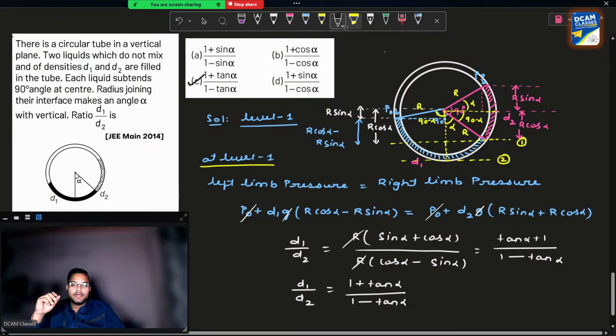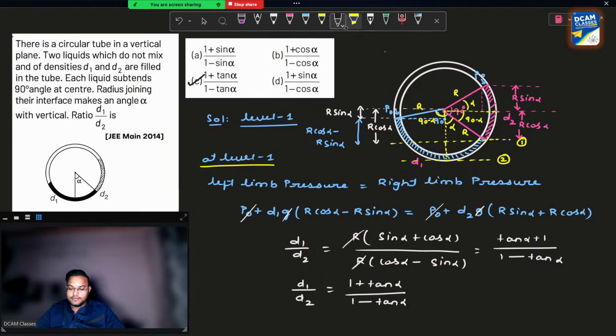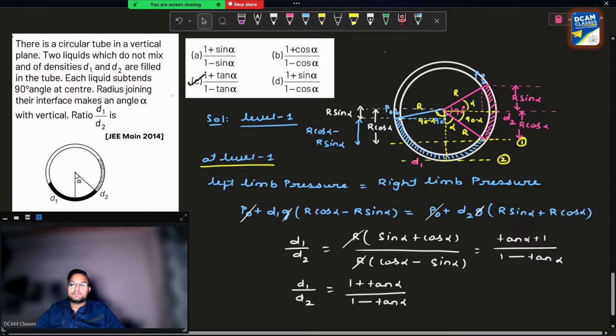See, it looked very difficult, na? But it's easy. I messed it up in taking the heights. Actually, the diagram has to be done more properly. This part I have messed up, this blue part, this line and this line.